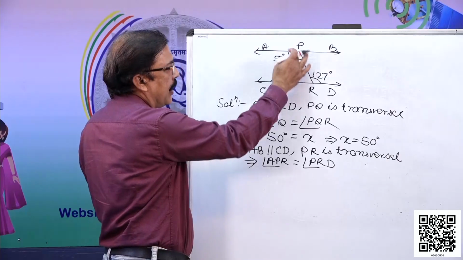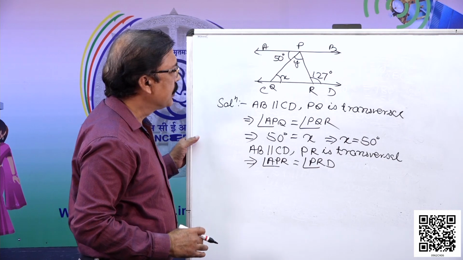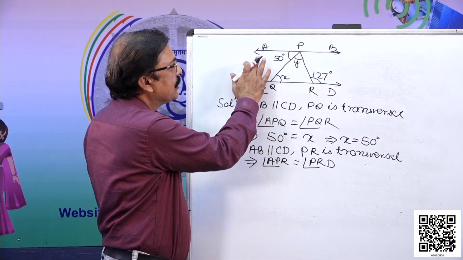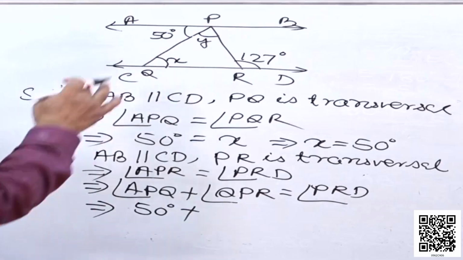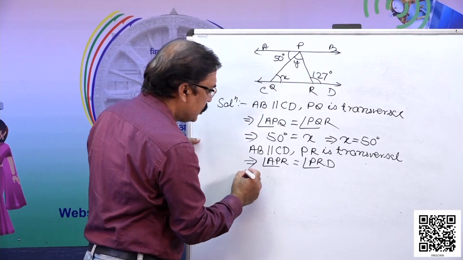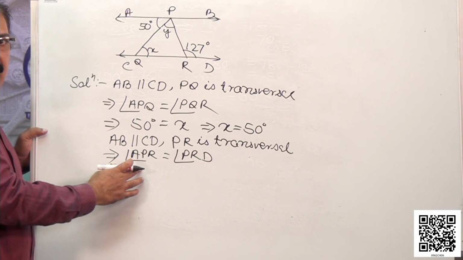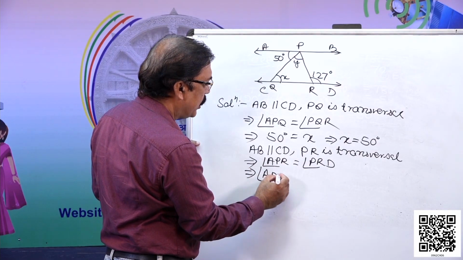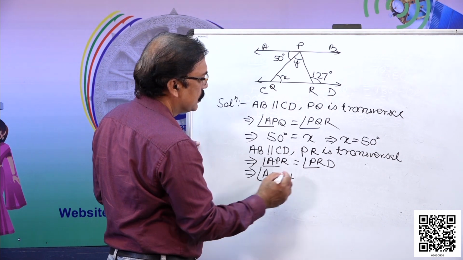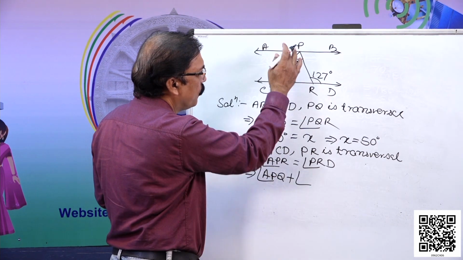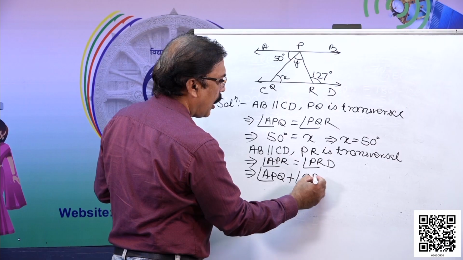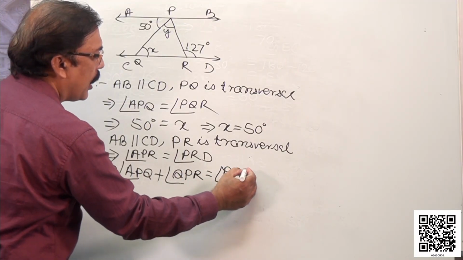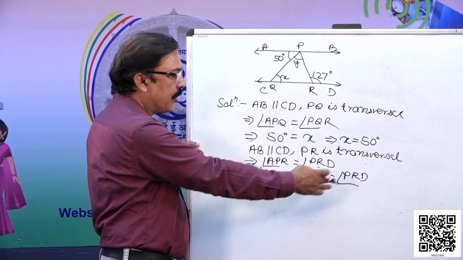See, angle APR is made from two adjacent angles. What is that? APQ, QPR. So, in place of APR, we can write angle APQ plus angle QPR is equal to angle PRD. Now put the values of these angles.